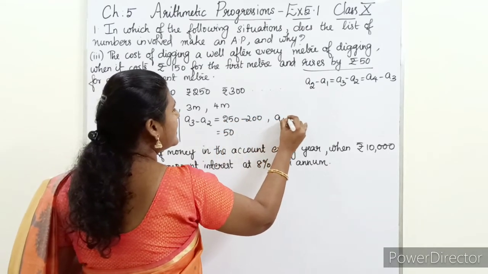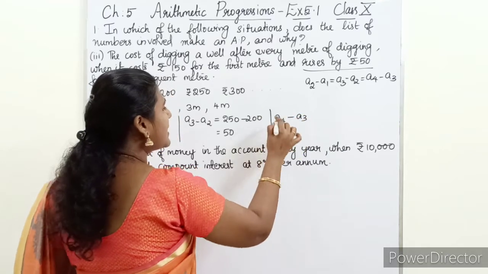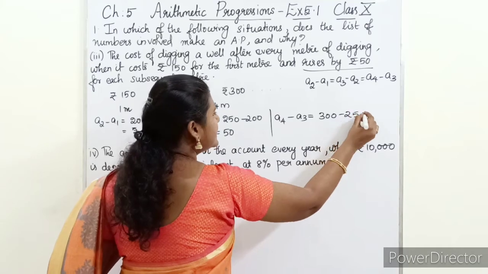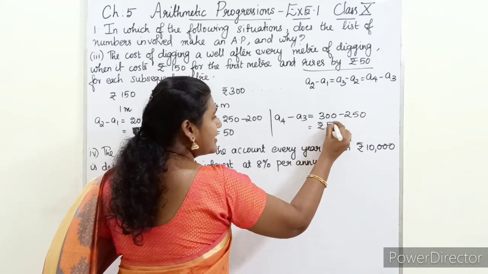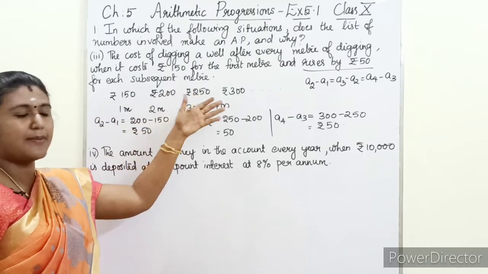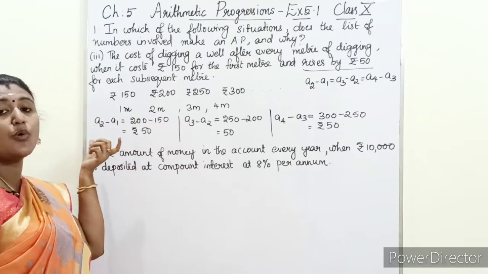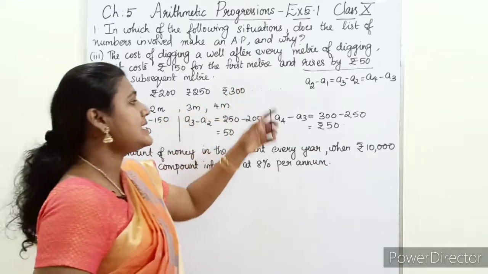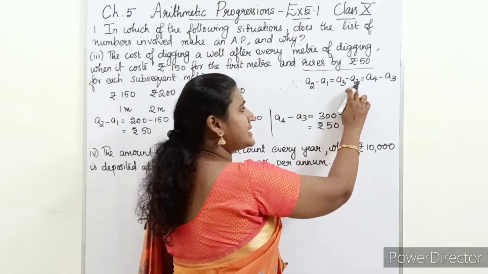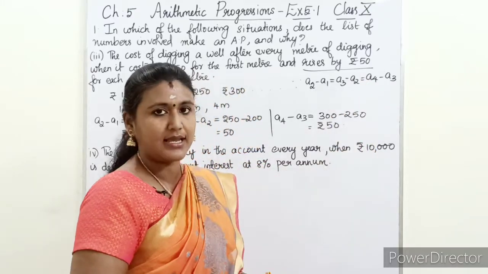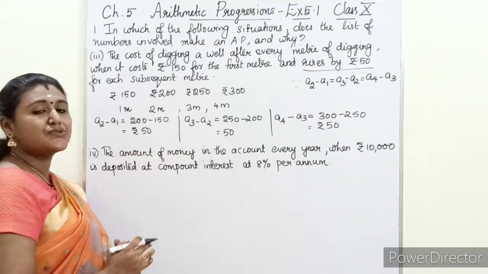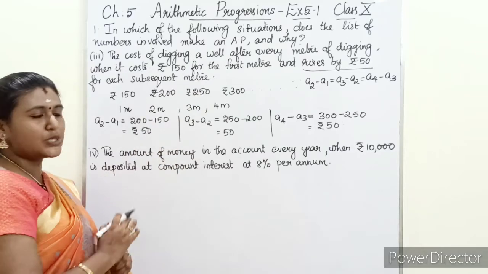Again A4 minus A3 is equal to 300 minus 250 is equal to 50. So here it is very clear that these numbers form an AP. The reason, how you have to write the reason: since A2 minus A1 is equal to A3 minus A2 is equal to A4 minus A3, these are equal, the given list of numbers form an AP. So this is how you have to do.